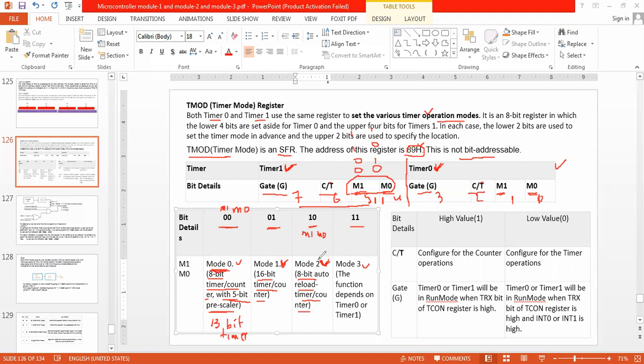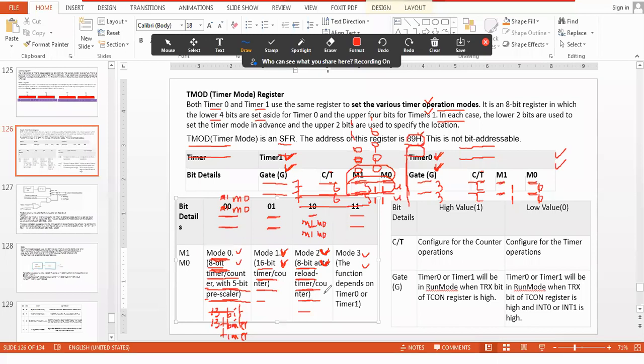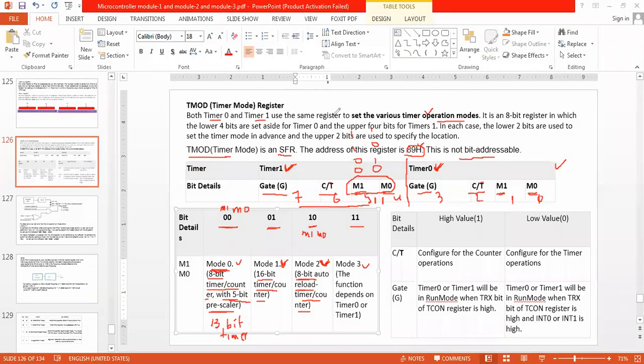So here mode 2 is an 8-bit counter or 8-bit timer, but with auto reload. What is the meaning of auto reload? It means the value is going to be loaded automatically. So that is 8-bit auto reload. We will see how it is going to work.